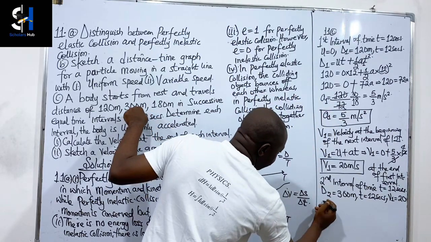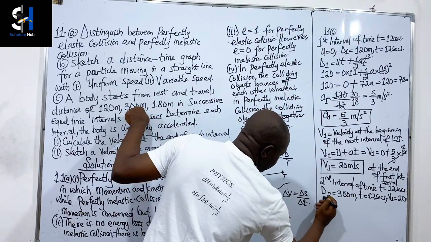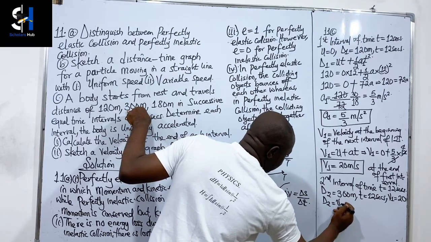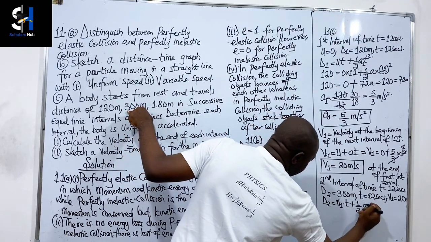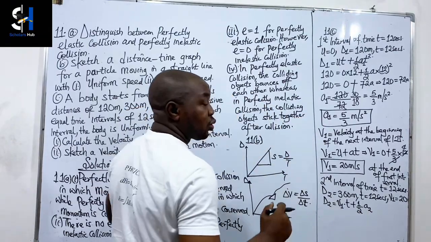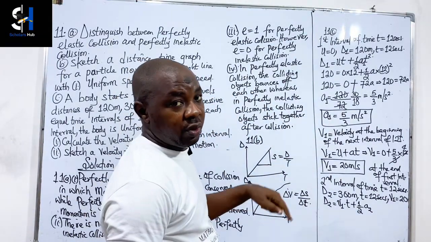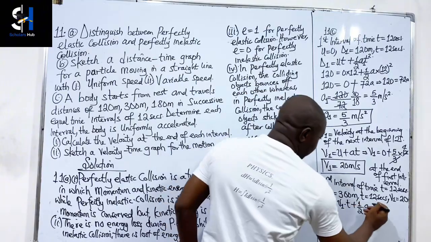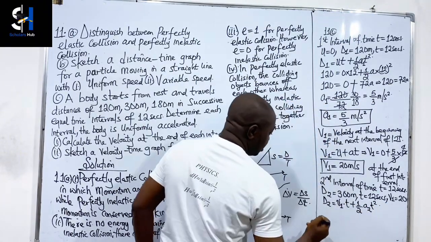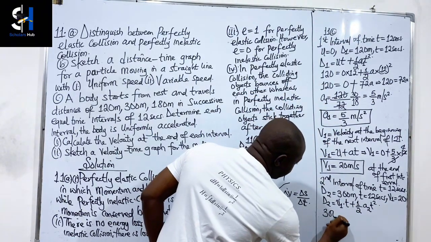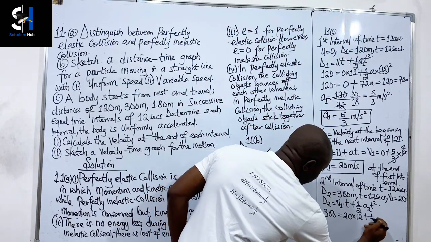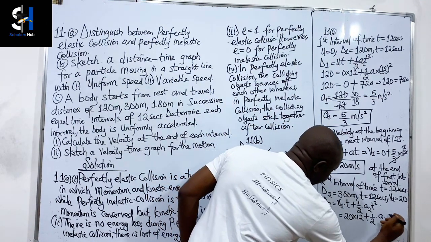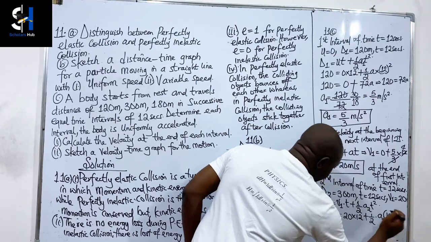So we are using d2 equals v1 multiplied by t plus 1/2 of a2 t squared, because we need to calculate the acceleration in the next interval. So 300 equals 20 times 12 plus 1/2 of a times 12 squared.